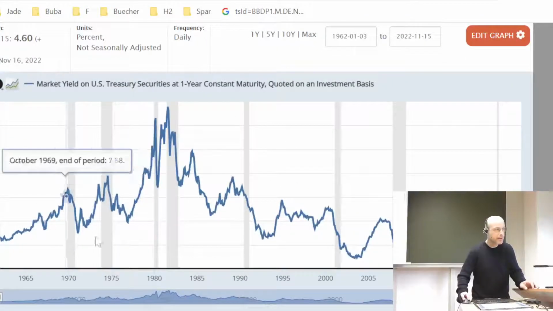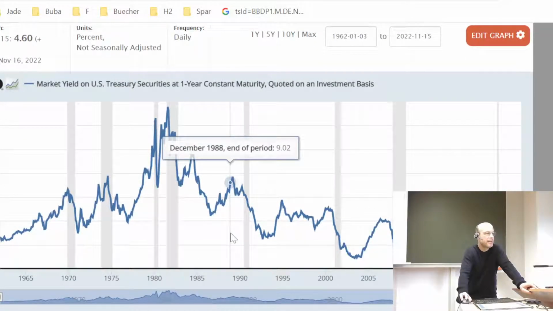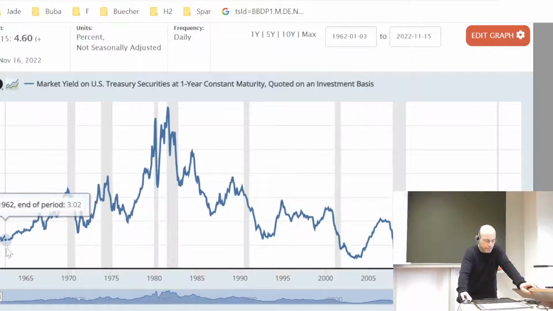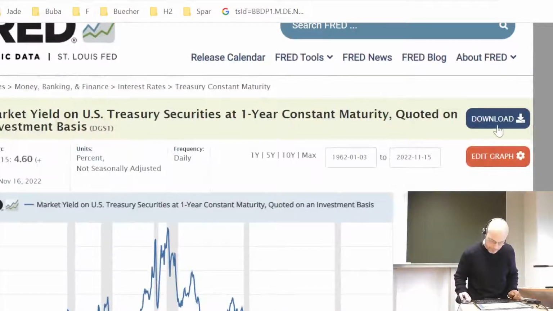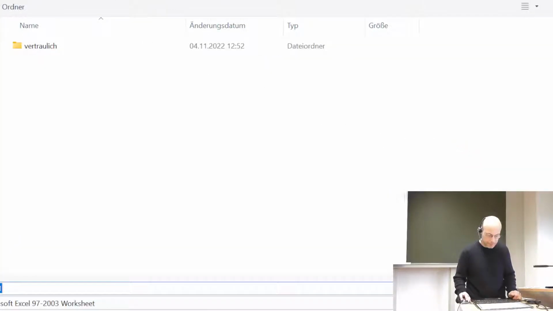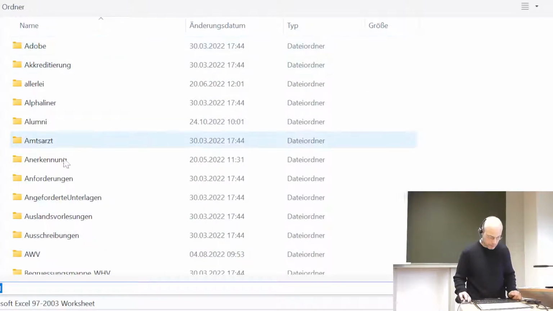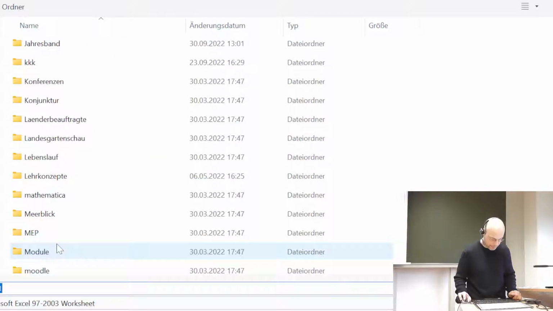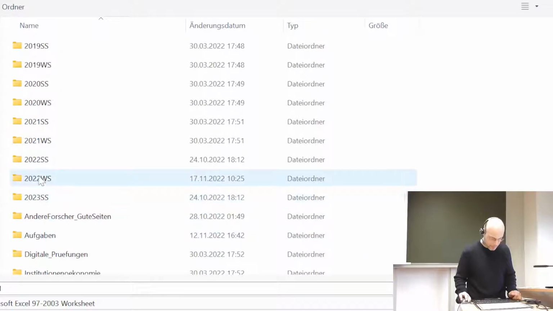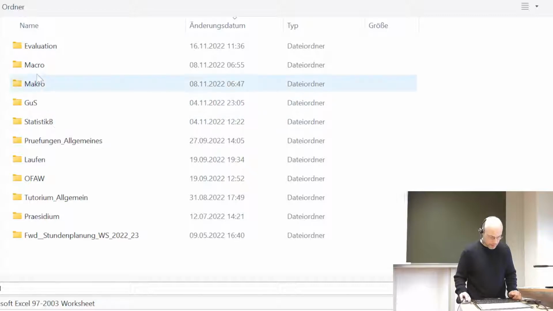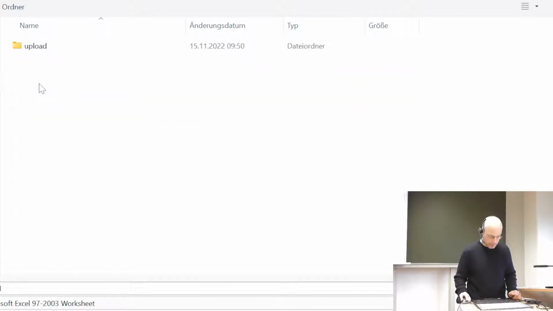So we have here the short-term interest rates, the development in the United States from 1962 until today. Let's download the data. Macro lecture. This is short term.